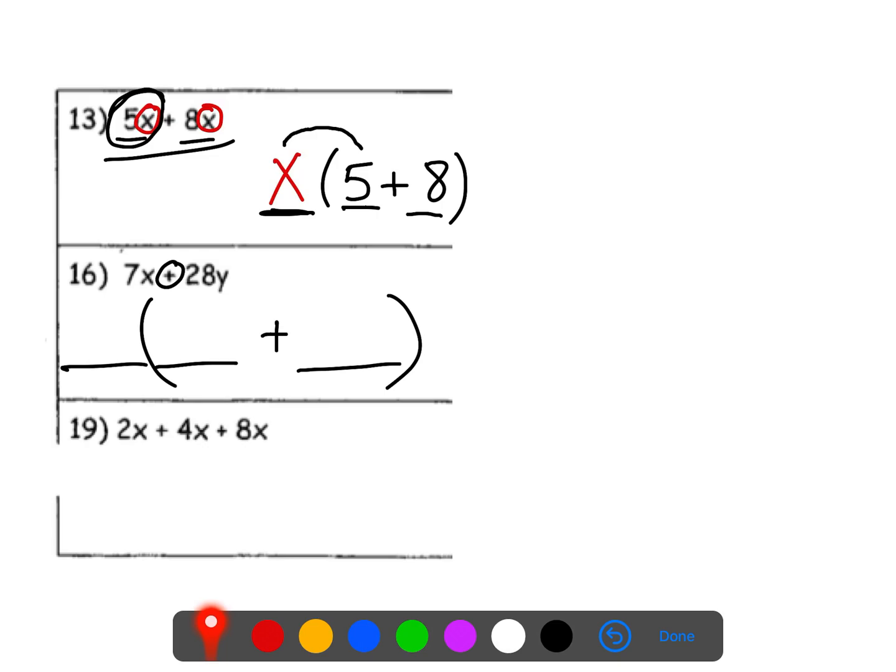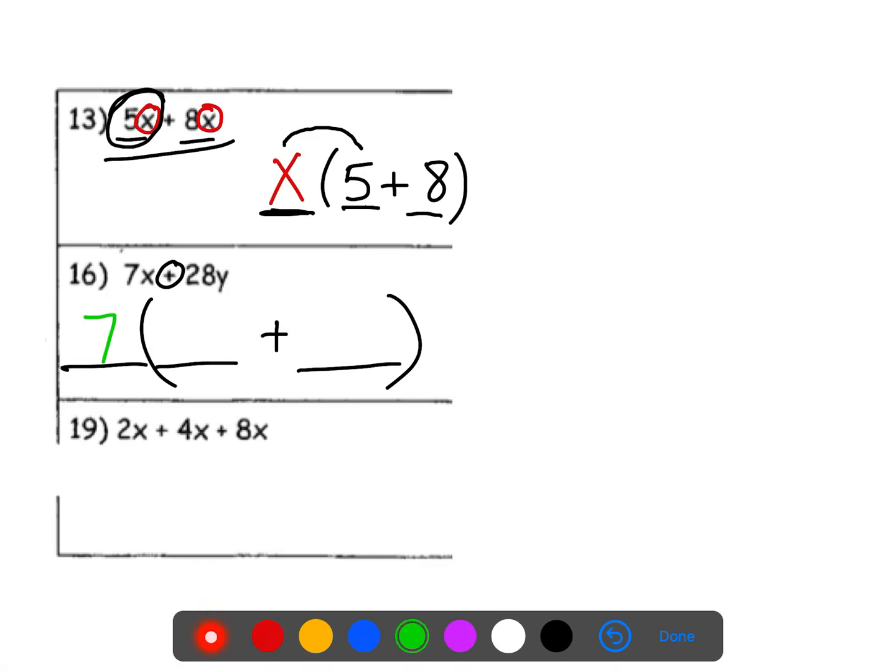So we have 7x and 28y. What number do 7 and 28 have in common as a factor? It's 7. So I'm going to write 7 as my factor. And now what I have to do is multiply 7 times this other factor to get 7x. Well, I don't need any more numbers, I just need a variable x.